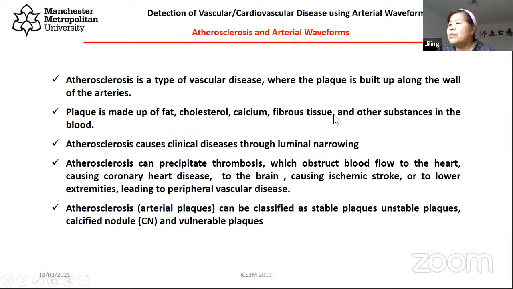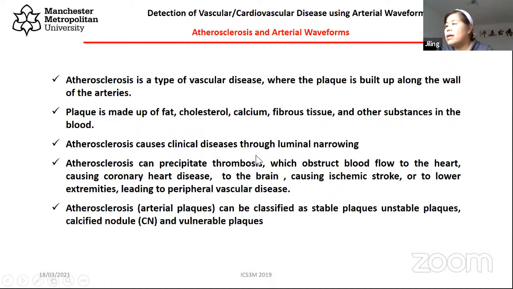When it builds up along the wall, it will reduce the lumen of the artery. And if atherosclerosis occurs in the coronary artery, it will block the blood flow into the heart, and cause coronary artery heart disease or heart attack.